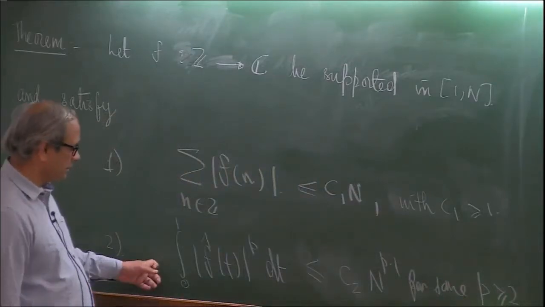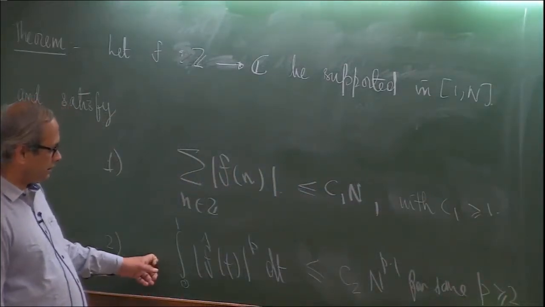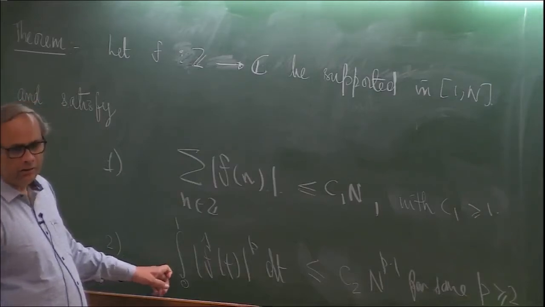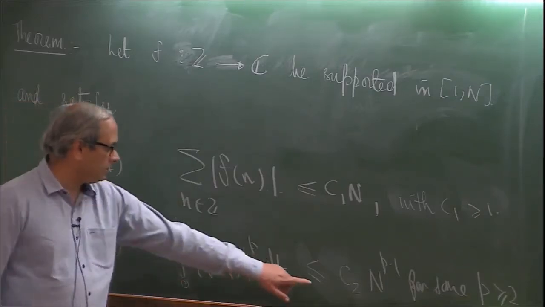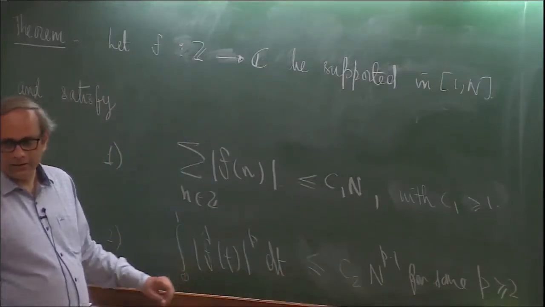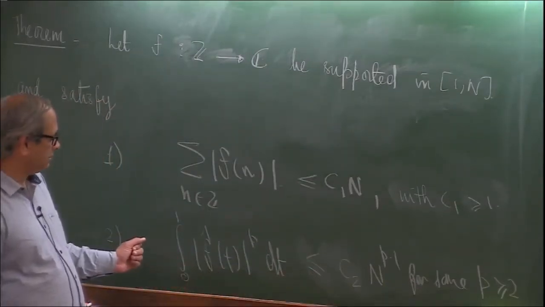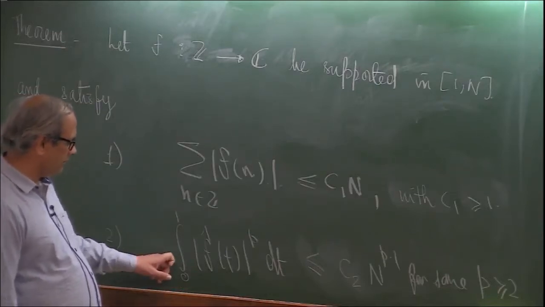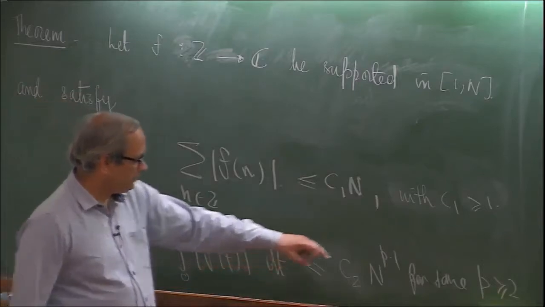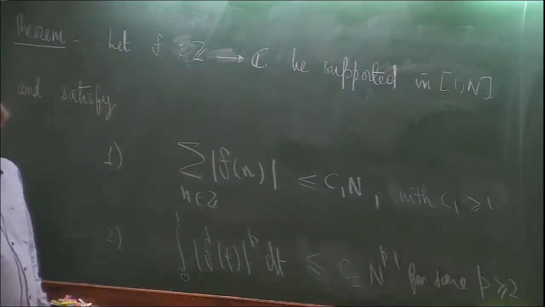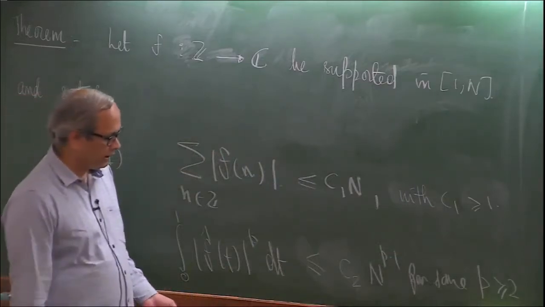So this, as I said yesterday, in the case of Roth's theorem, this p will be taken to be 2, and you get such a bound immediately from the Parseval-Plancherel theorem. But in the case of Green's theorem, this is a non-trivial bound, and p will be taken between 2 and 3. You can fix any p between 2 and 3, say 2.5.